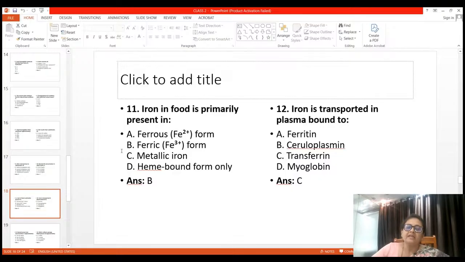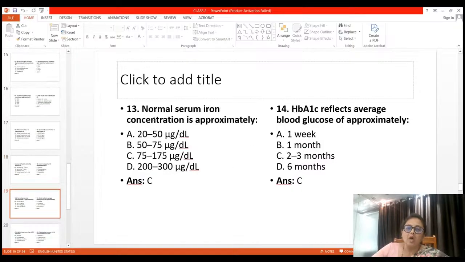This ferric form is broken down by vitamin C and gastric hydrochloric acid to ferrous form, which is soluble and readily absorbable. Iron is transported in plasma bound to ceruloplasmin. It is a copper-based compound. Normal serum iron concentration is approximately 75 to 175 micrograms per deciliter of blood.